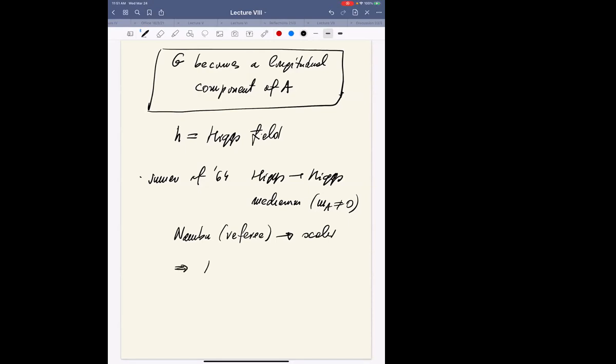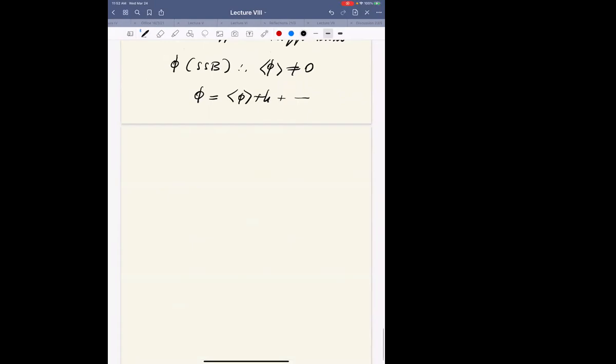And then Higgs says, oh yes, I have a Higgs boson. What do I mean by the Higgs boson? Well, if the phi field goes through the spontaneous symmetry breaking so that phi is non-zero, then phi can be written as v plus h plus whatever else is there.